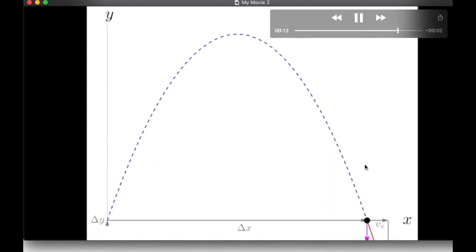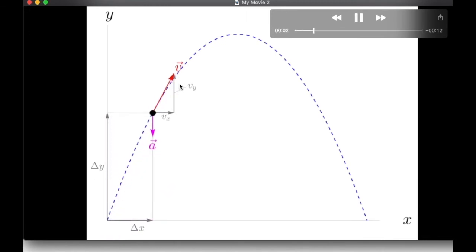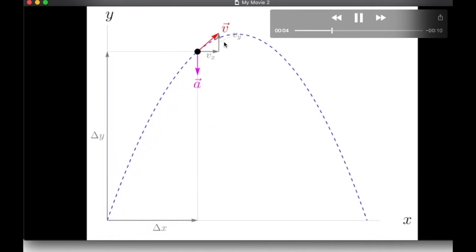Now let's look at Vy, the y component of velocity. At launch, this thing is going to be moving up, so that component will start out positive, but gravity will act on it and it will change in the negative direction. So it'll get shorter, finally it'll go to 0 at the top, and then it'll go negative as it starts to fall. Let's watch it. Here it is positive, but see how it's getting shorter?